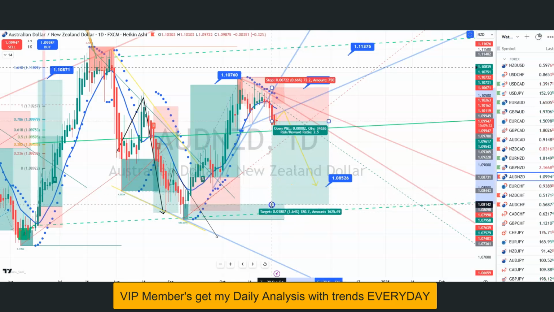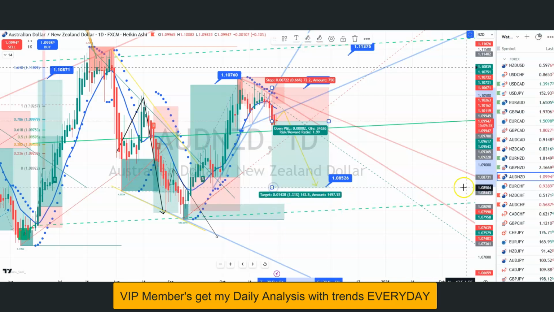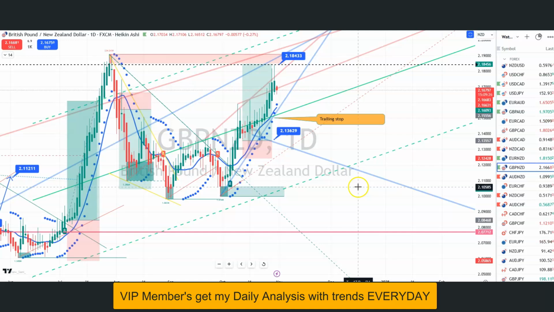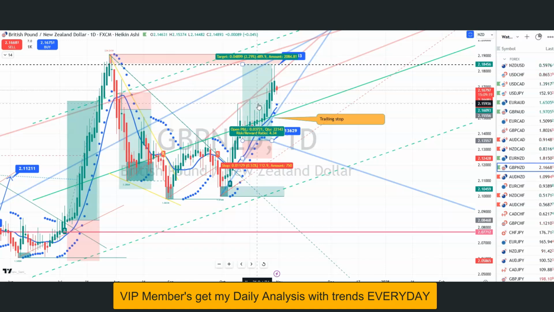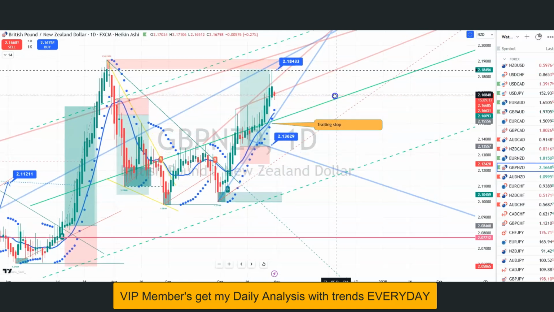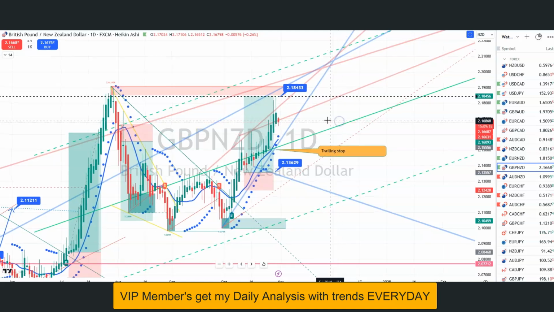So the target in this case is 108.52. Don't know why I've done that, but there must be a reason on the lower time frame, so stick with that. Pound New Zealand, congratulations if you traded this one. This was lovely. 489 pips profit. And you can see that the price spiked up into this order block here.